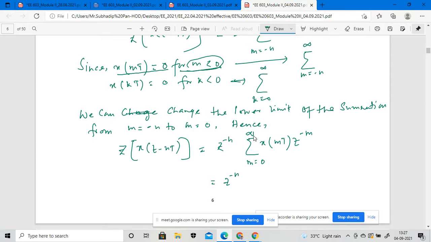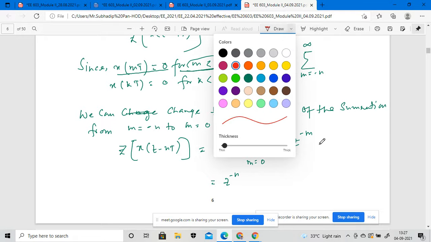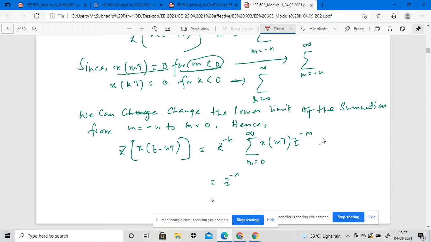This particular term we will consider as X of z.